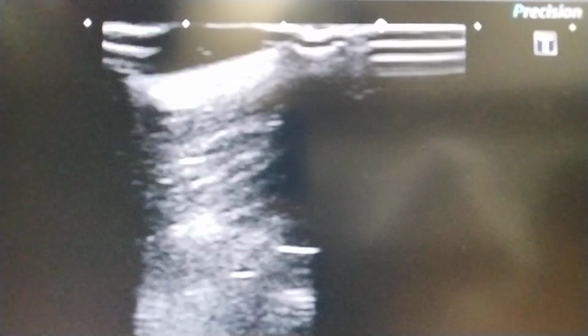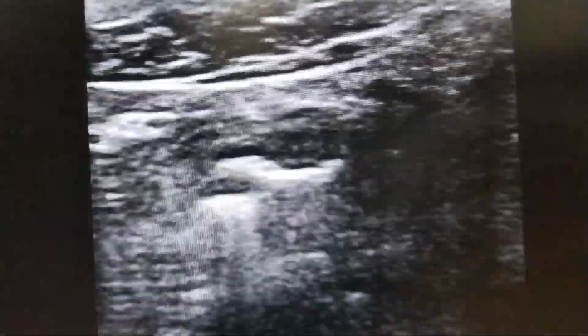So I'm going to scan the abdomen with a linear probe. I have placed the probe in the lower abdomen.